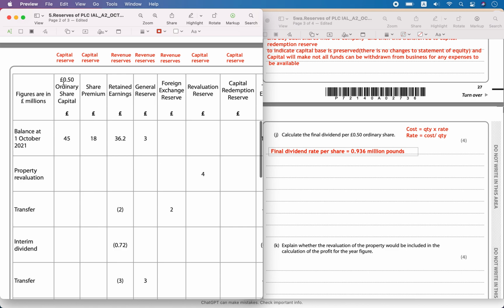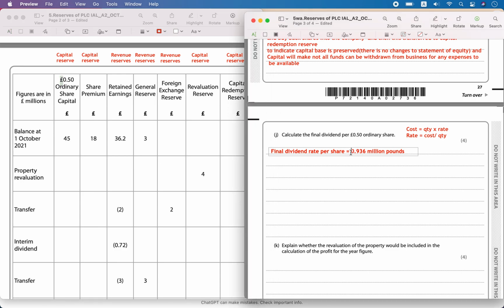That is what they have given, but what is the number of ordinary shares left at the end? That we have to calculate, so we divide by the total number of ordinary shares at the end of the year.